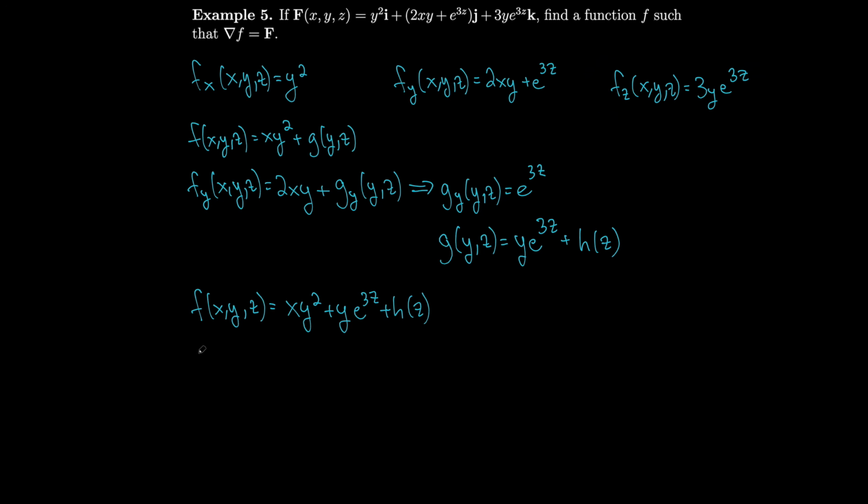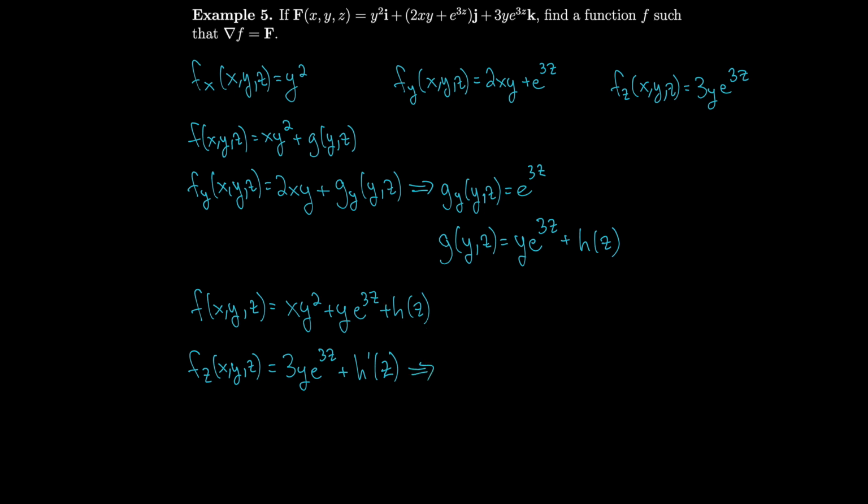We'll take the partial with respect to z. So f_z(x, y, z) is equal to 3y e to the 3z plus, so notice this is just gone because it was constant with respect to z, plus h prime of z. The derivative of h of z with respect to z is just h prime.